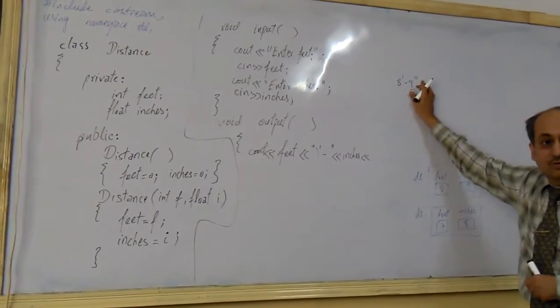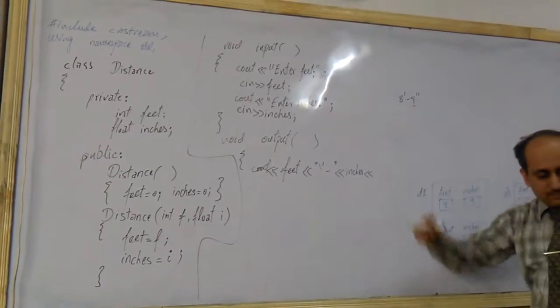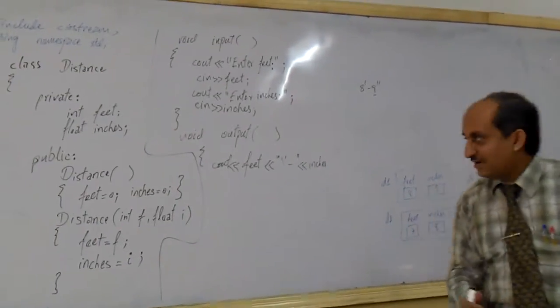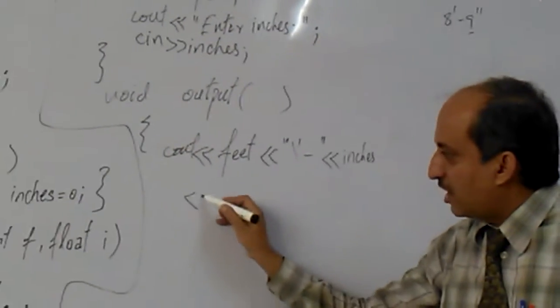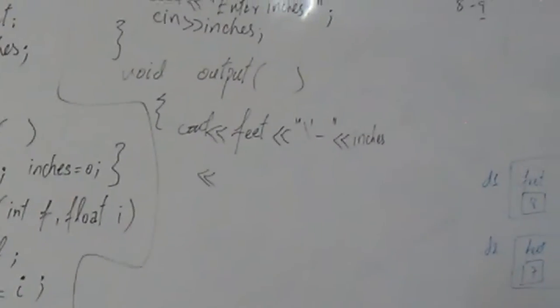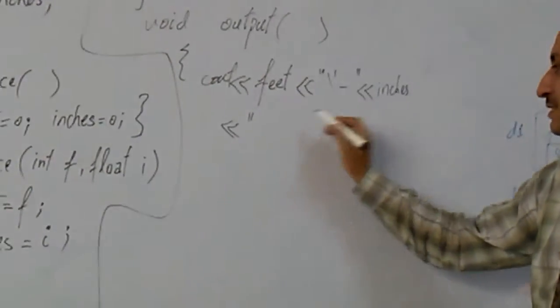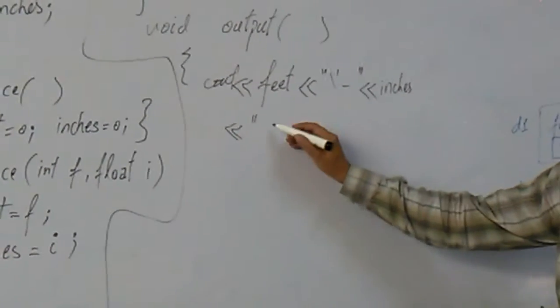We need to print the double quote itself, and maybe for better formatting on this whiteboard, I may continue the single statement on the next line, and display that double quote on the next line with the help of the insertion operator.